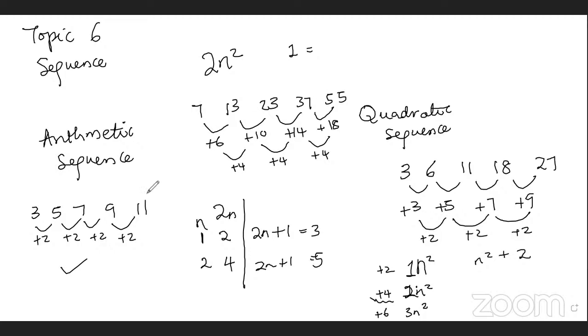As we're making a different sequence then. Yeah, so 2n squared plus what? What is it adding on each time? Let's see. We have to find the difference. We have to find the extras.